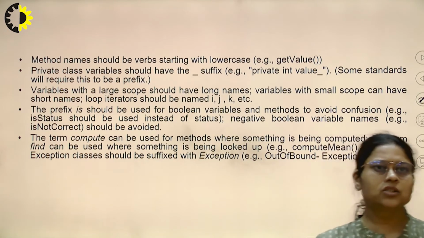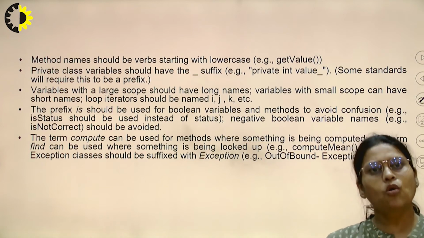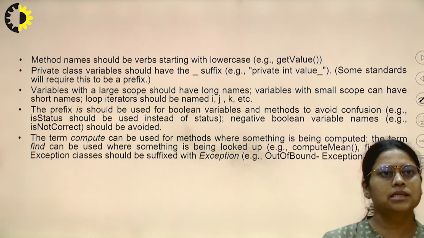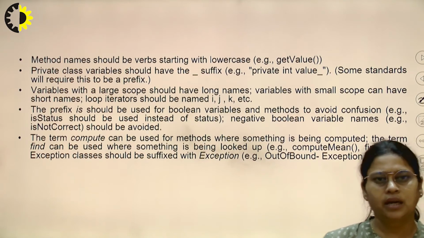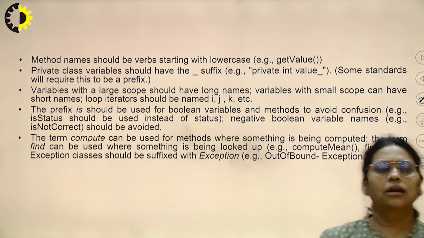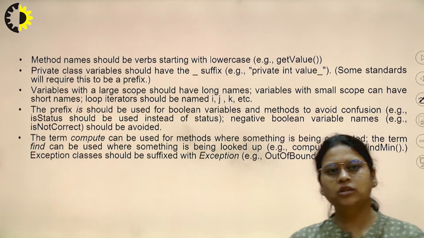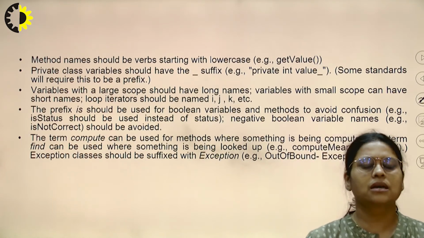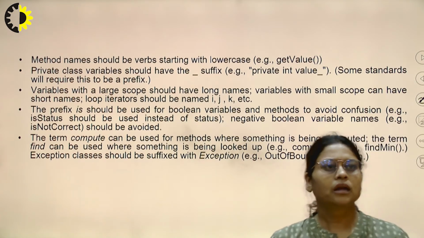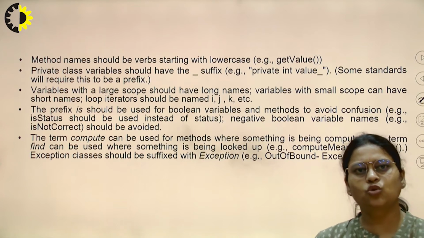Variables with a large scope should have a long name. Variables with a small scope can have a short name. Loop iteration variables should be specific, like i, j, k, etc. The prefix is should be used for Boolean variables and methods to avoid confusion.